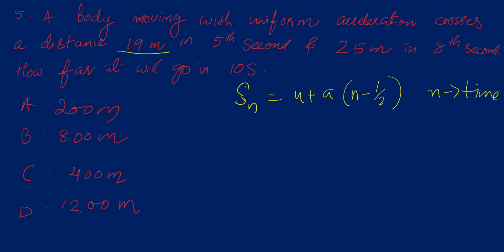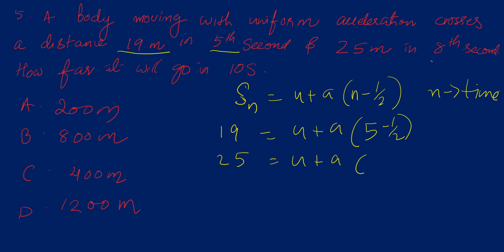So it covers 19 meter in the 5th second, so 19 equals u plus a into (5 minus half). Again, 25 meter in the 8th second, so n is 8.